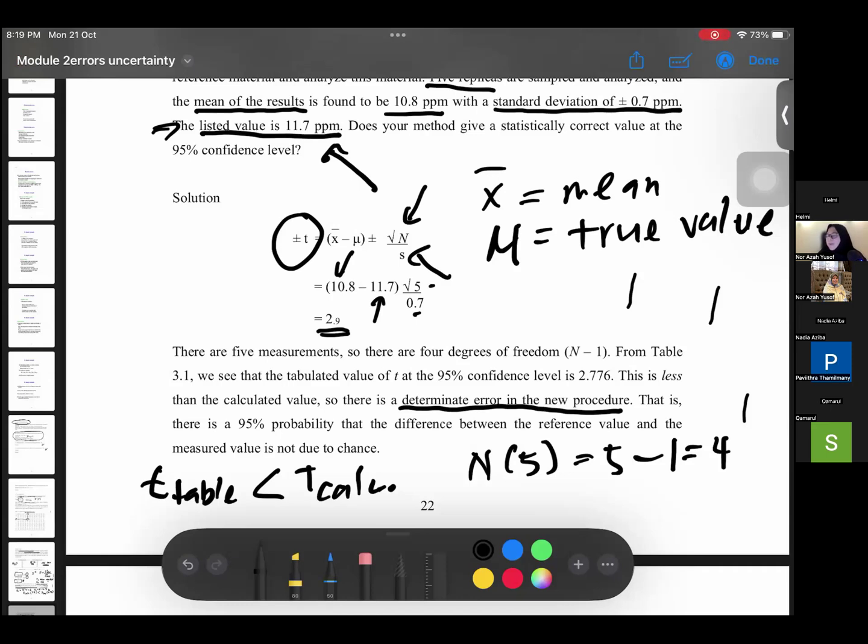So there is determinate error, meaning that we know that determinate error can come from the procedure method, the instrument, or the operator.